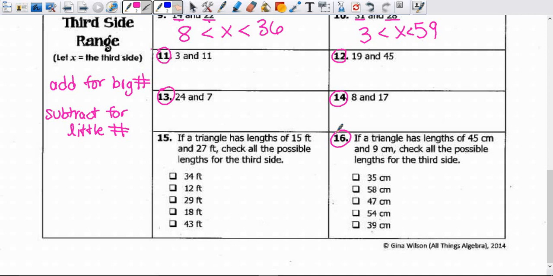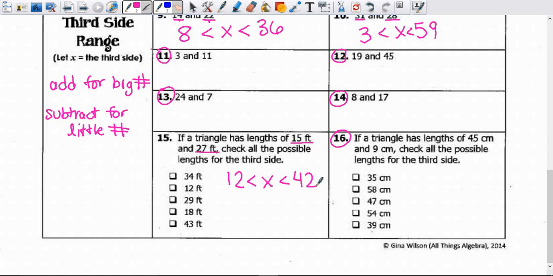So 15 says, if a triangle has lengths of 15 feet and 27 feet, check all the possible lengths for the third side. So let's first make a range and figure out what x needs to be between. 27 minus 15 is 12. And 27 plus 15 is 42. Okay? So it has to be between 12 and 42.